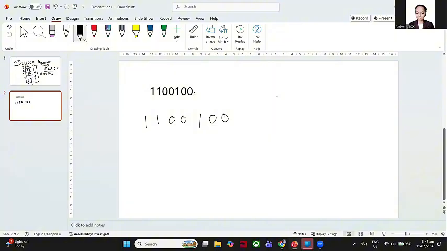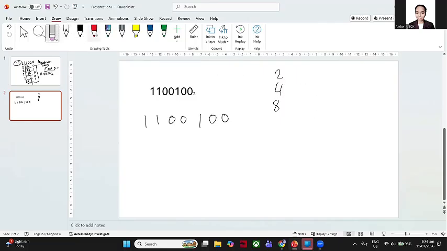Now we need the powers of 2. What are the values divisible by 2? 2, 4, 8. That is 2 squared, 2 cubed. That's the easiest formula.